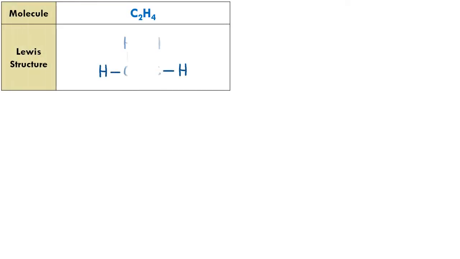Okay, so kita tengok untuk contoh C2H4, and this is the Lewis structure for C2H4. So again, apa yang kita akan buat dekat sini, firstly, kita check kita punya central atom. So this is central atom 1, carbon 1. This is carbon 2.